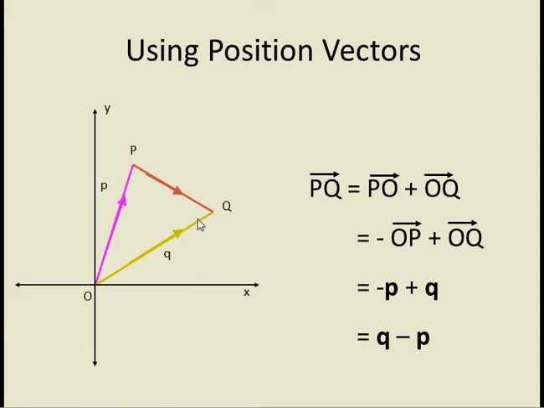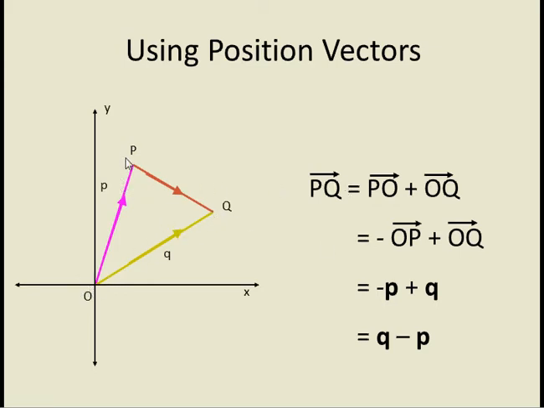Here's a really helpful use of position vectors. If we want vector PQ, as we've seen before with our vector geometry, that's PO plus OQ. To get from P to Q, you can go straight there, or you can go via O, so PO plus OQ.